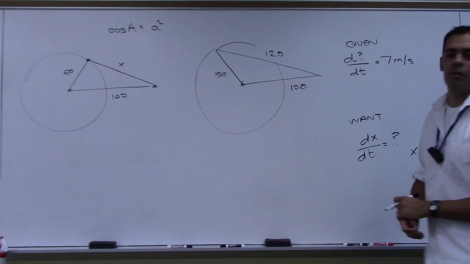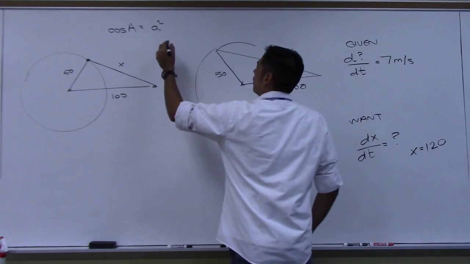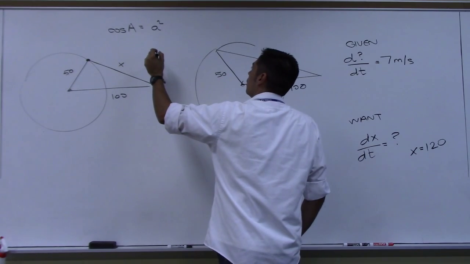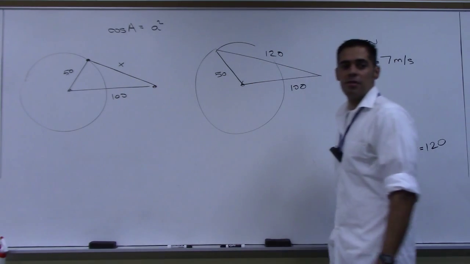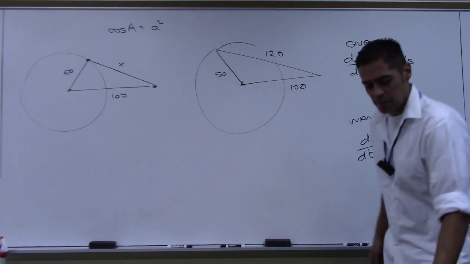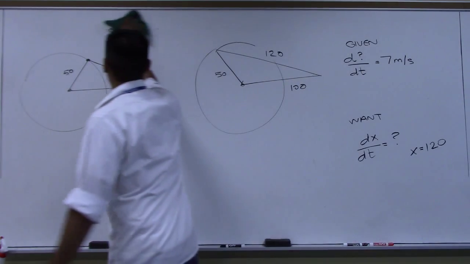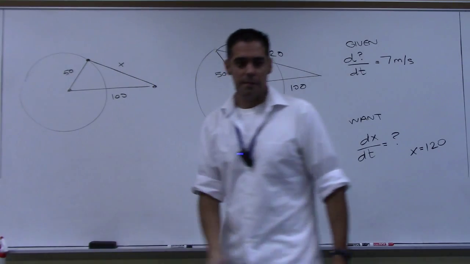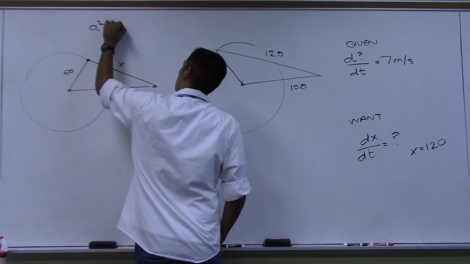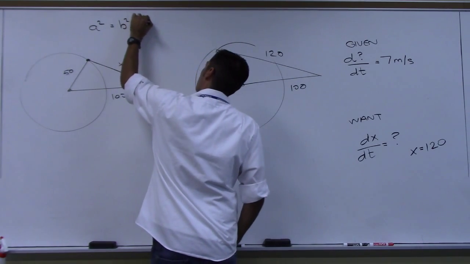It has A squared equals B squared plus C squared minus 2BC cosine A. Okay, so it's solved for A squared. Give it to me the way it appears on your formula sheet, because that's the one you will always see: A squared equals B squared plus C squared minus 2BC cosine A.